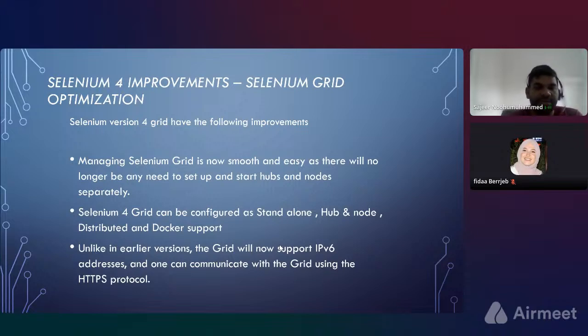Selenium Grid also supports IPv6 addresses, so we can communicate using the HTTPS protocol. These are the main improvements added in Selenium Grid. It helps us configure the grid in different ways. Previously it was just hub and node; now it gives different configuration options. So that's the improvements.